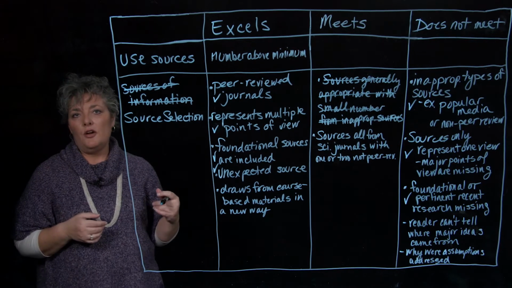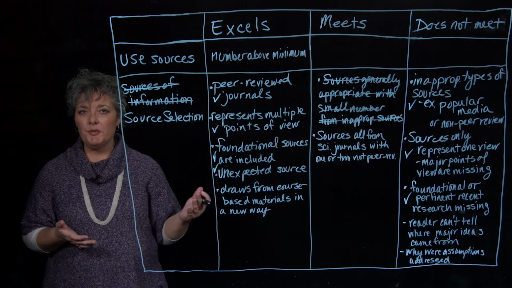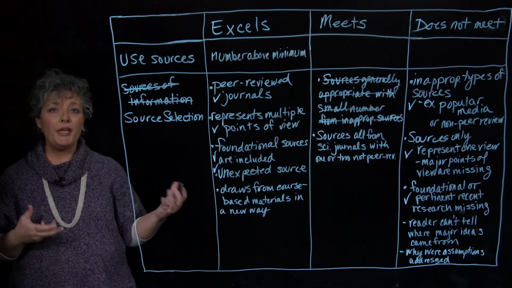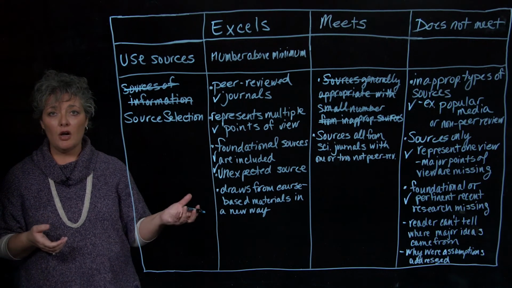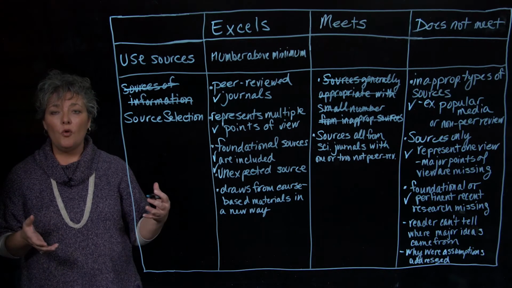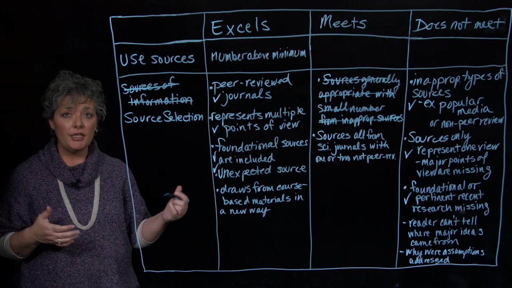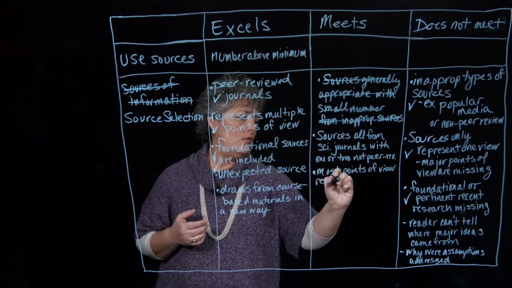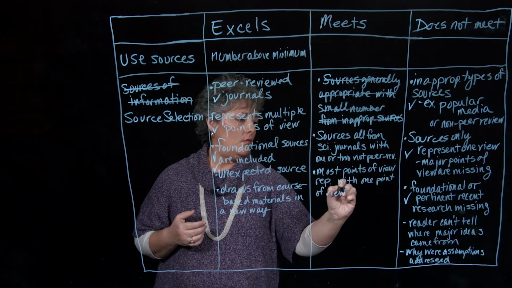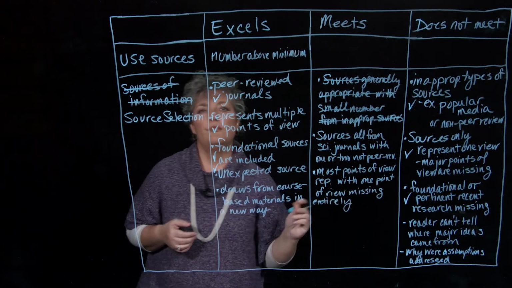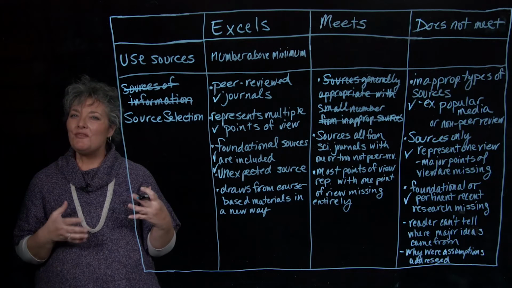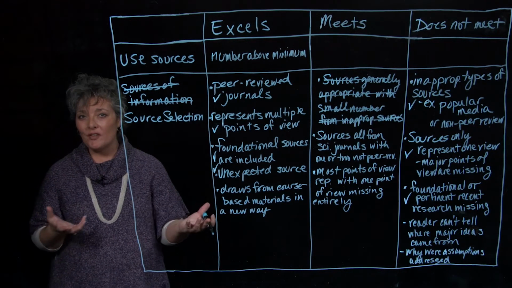Looking for parallels in the criteria, I would consider acceptable a paper that has most points of view represented with minor omissions of either individual articles that would have been expected or one point of view missing entirely. Actually, thinking about that, how would you convey to a student who doesn't know what's foundational?